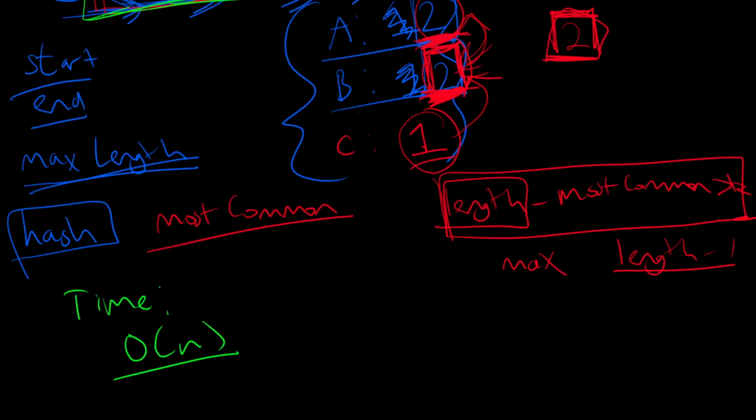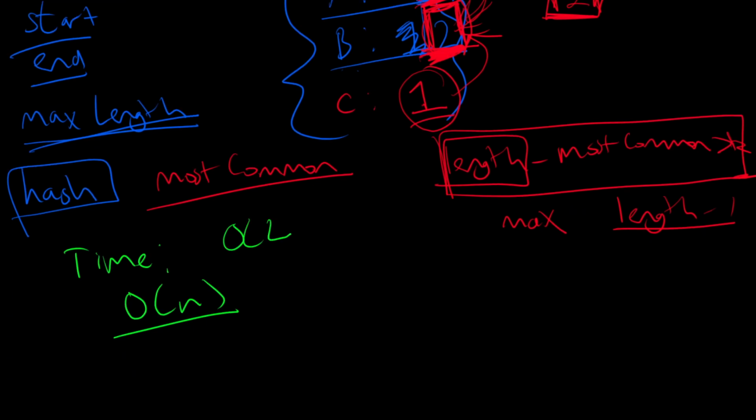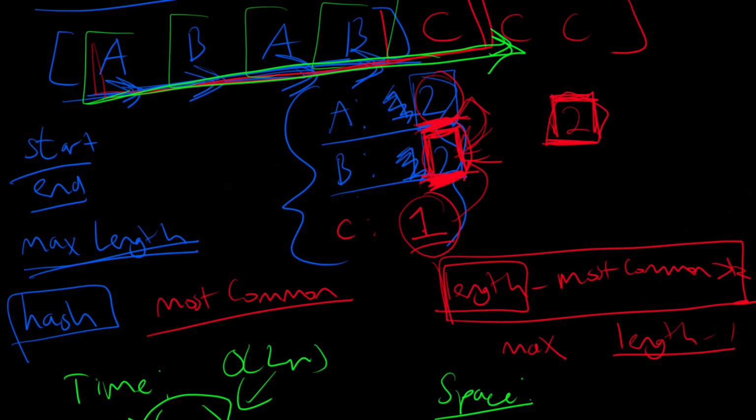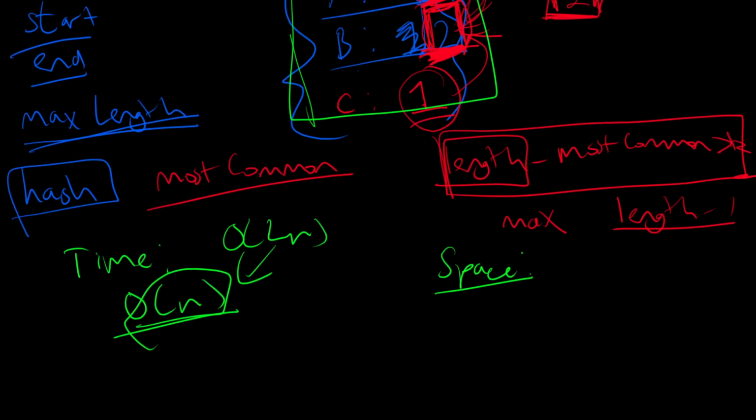Worst case this would be O of 2n, but that simplifies down to O of n. Our space complexity is just the hash map that contains a max of n characters, so it's O of n as well. Linear time, linear space.